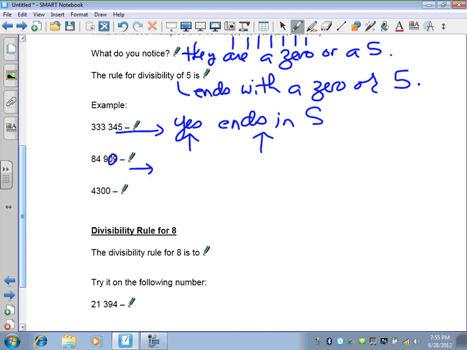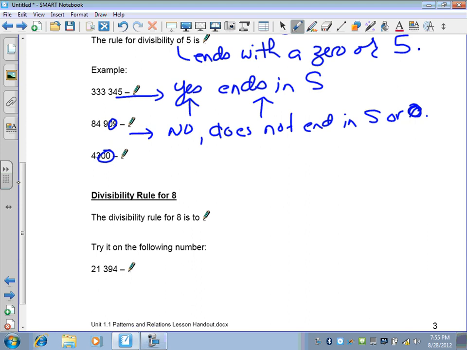The answer to that, no. And really, all you have to put in is does not end in 5 or 0. The last one ends in a 0, so the answer here is yes, ends in 0.